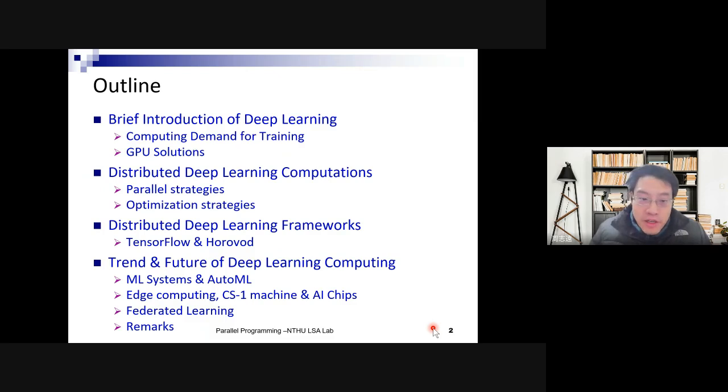Okay, so actually we have a lot to talk about, and we only scratch the surface of the problem by letting you know how important the power of distributed computing and parallel computing is. Because as a matter of fact, deep learning in some way is driven by not just data, but also computing power.